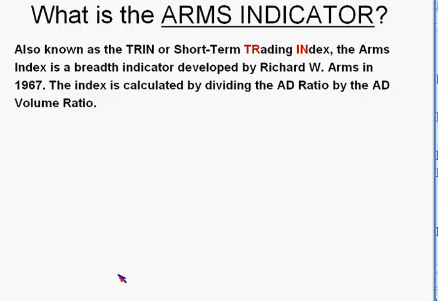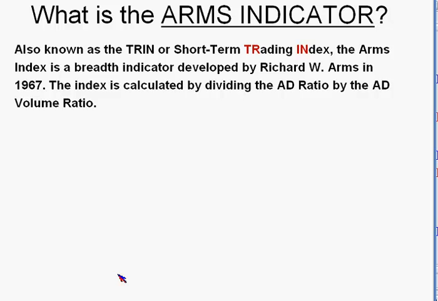It's mathematical, and it's arrived at by dividing the advance decline ratio. That's the number of stocks that are advancing on the New York Stock Exchange divided by the number of stocks that are declining. Okay, that's the advance decline ratio, and you divide that by the volume of the advance decline ratio.